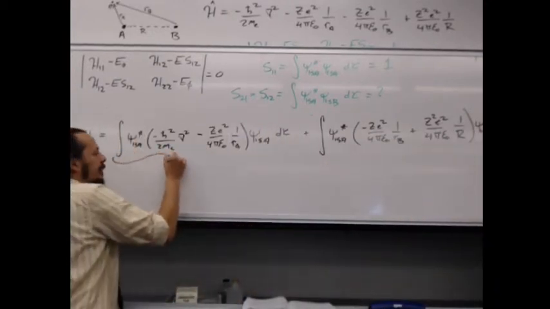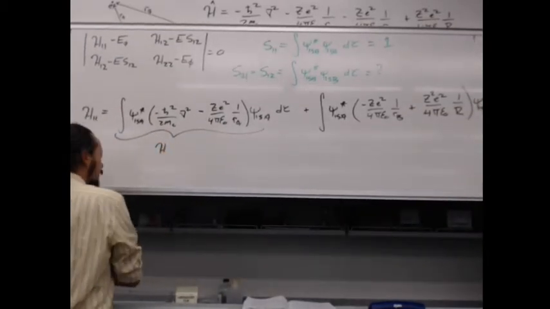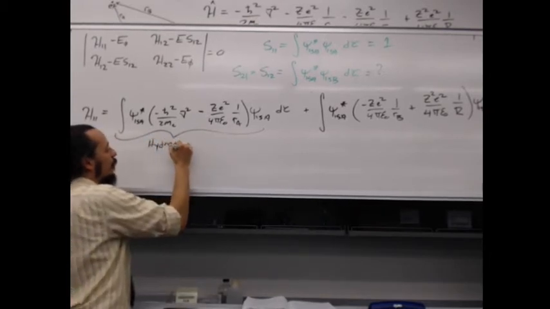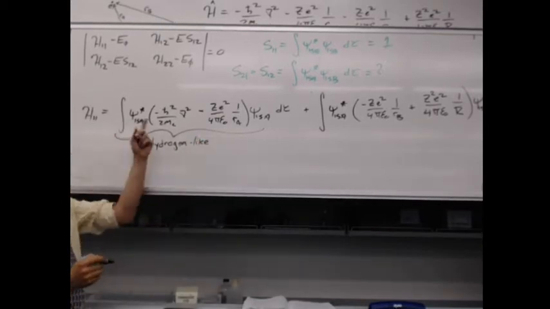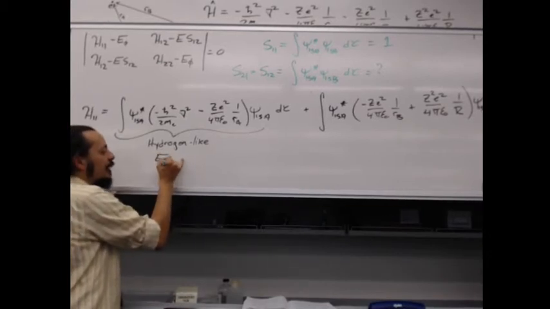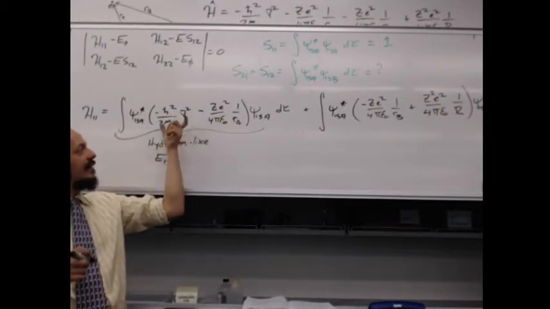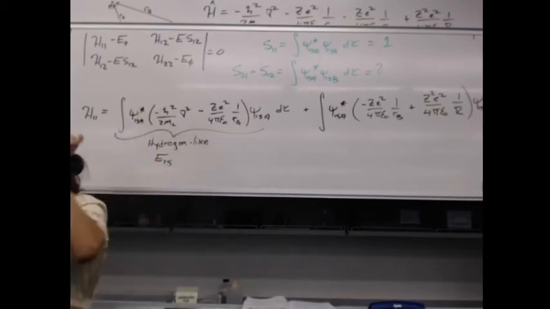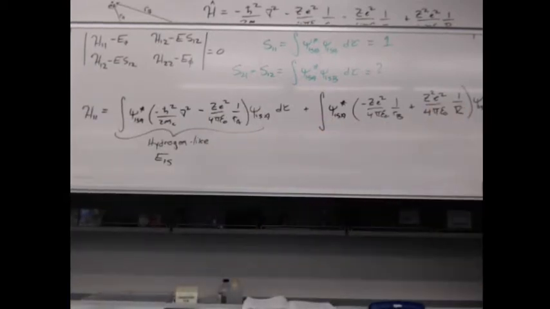This thing is just hydrogen. That thing's hydrogen-like. If we look at this, this is just going to give us an energy of a 1s electron. We solved that a week ago. Psi star H psi. This is the H for a 1s electron centered on A with our wave function centered on A. Just looks like hydrogen. This thing, that's a problem.